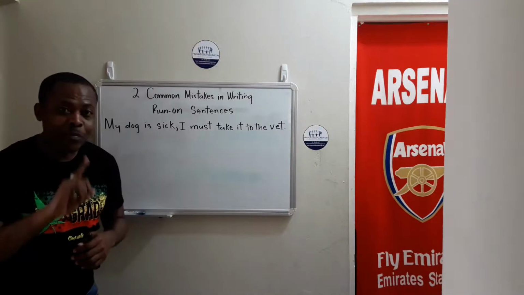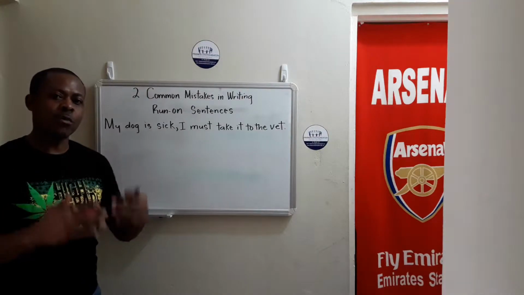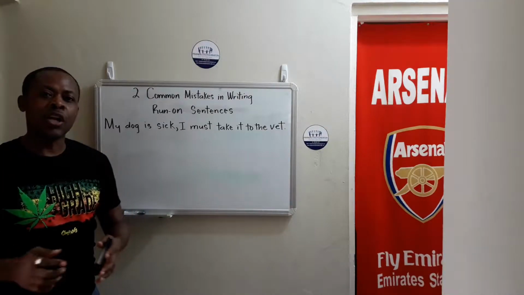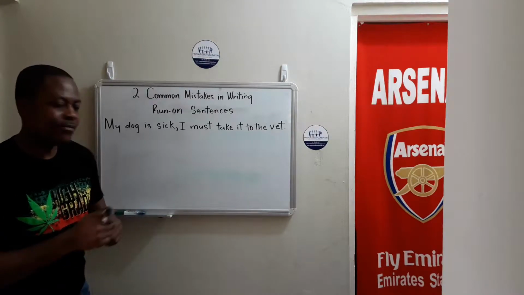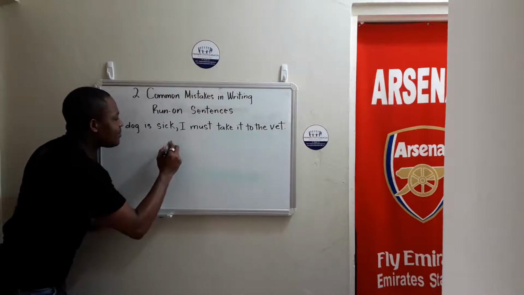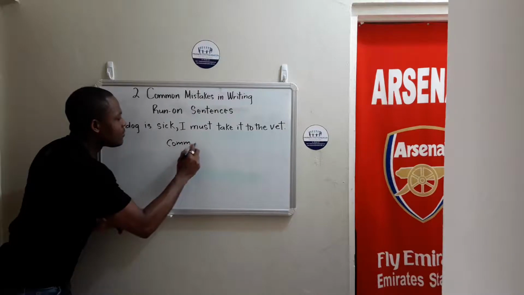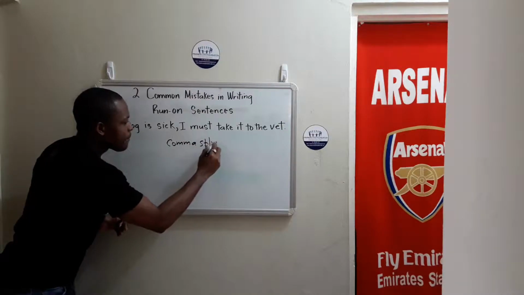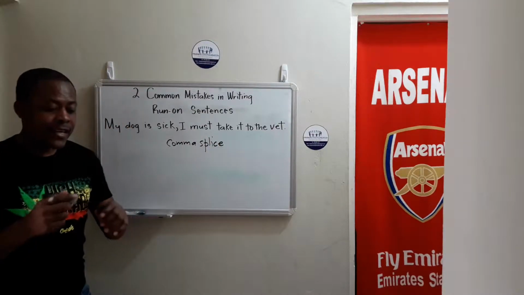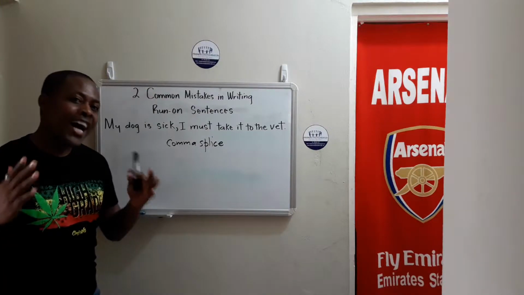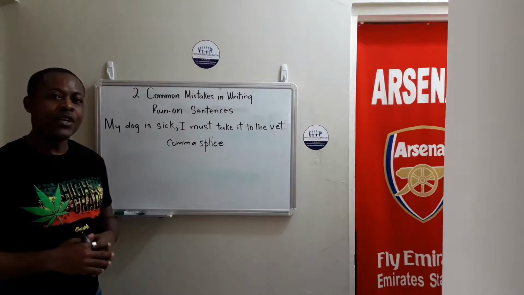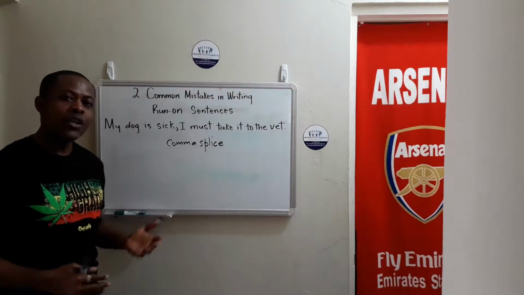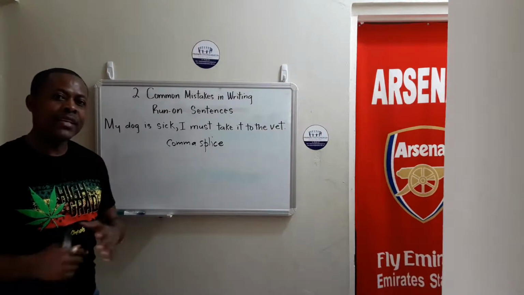It doesn't have that power. So when you use the comma, you create what is called a comma splice. Comma splice. And this you have to get out of your work. You cannot use a comma to connect two independent clauses.